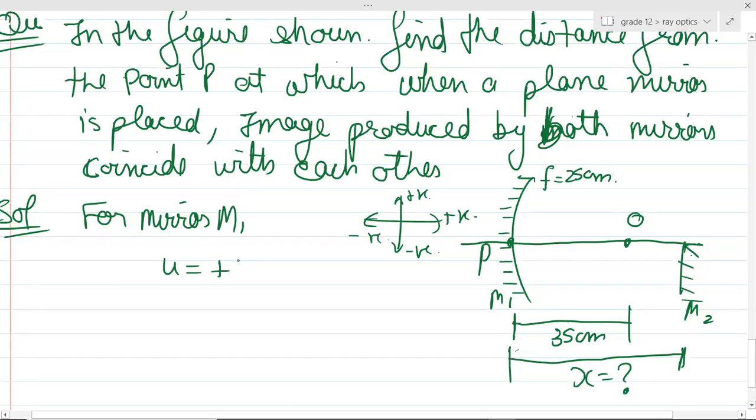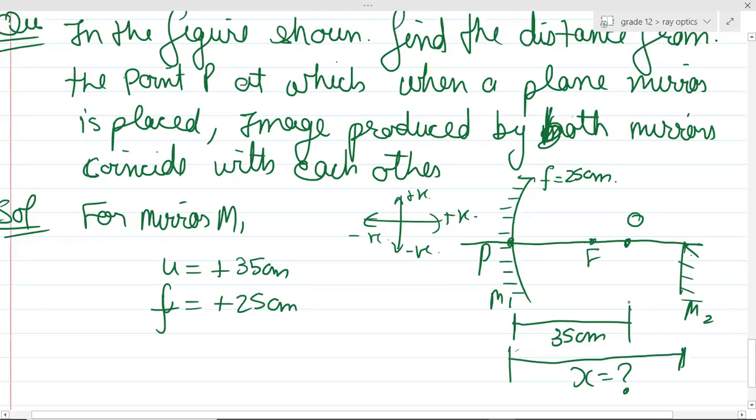Positive, how much? 35. Very good. And what is the focal length? Positive 25. Why did you say positive 25? Because the focus was lying somewhere over here, towards the right, and right you have taken as positive. Everyone understood sign convention?